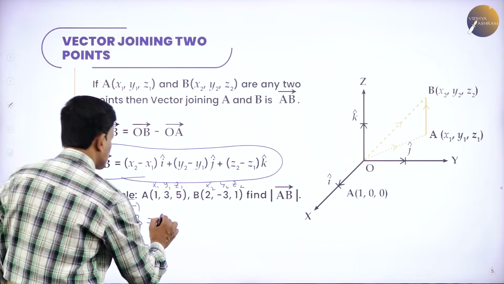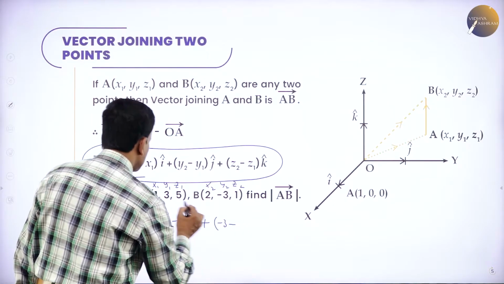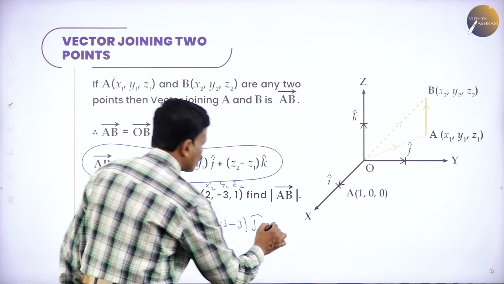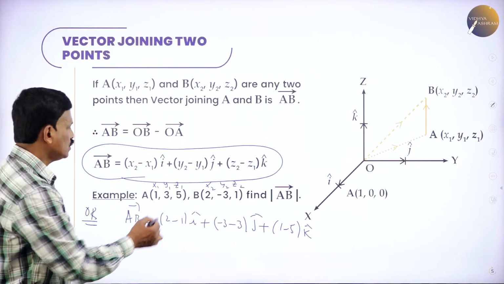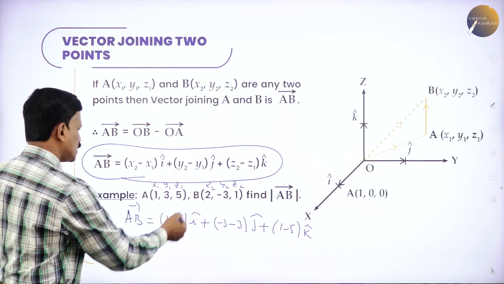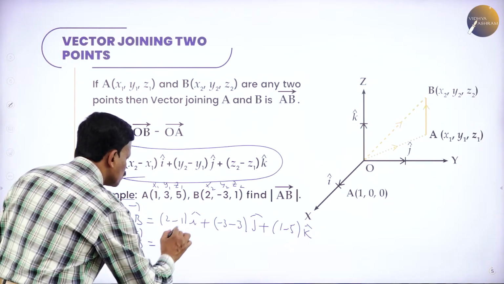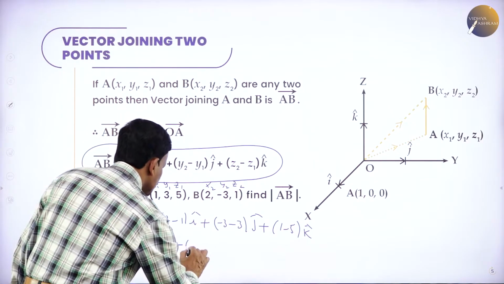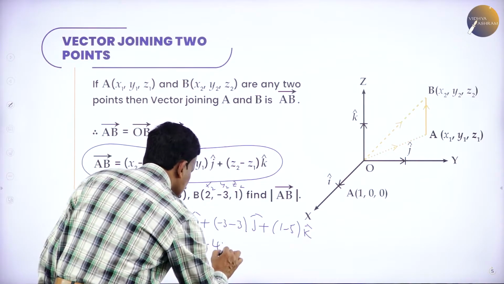So this is the second method: x2 minus x1, y2 minus y1, z2 minus z1. Therefore vector AB is equal to 2 minus 1 is 1i, minus 1 minus 3 is minus 4j, and 3 minus 5 is minus 2k.